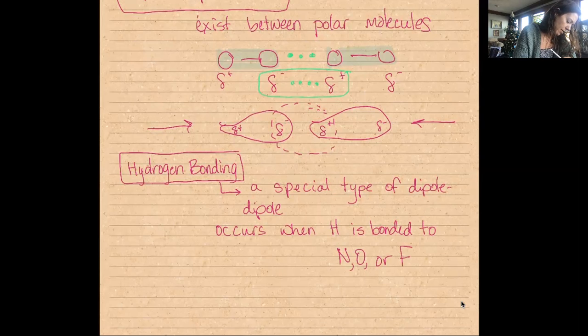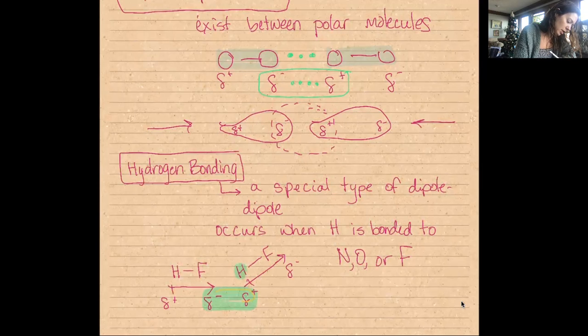such that when you have HF, we have a very polar bond, negative, positive. Over here, we would have another HF, very polar bond, right? Positive, negative. And this positive and this negative form the hydrogen bonding.